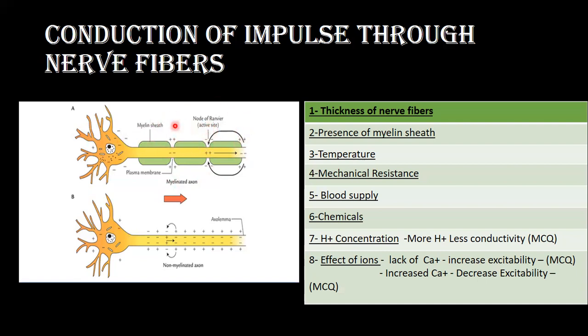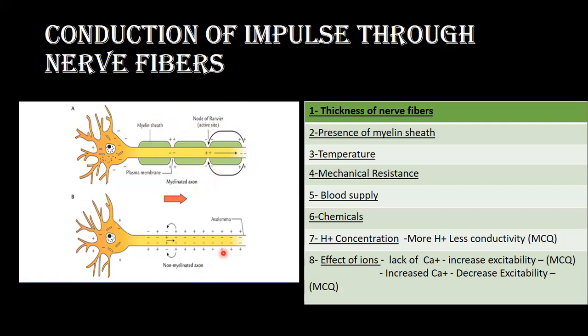This jumping of impulse we term saltatory, and the conduction is termed saltatory conduction. So we can say there is a jumping of stimulus. The myelinated axon has faster conduction as compared to the non-myelinated conduction. I hope this is clear to every one of you.